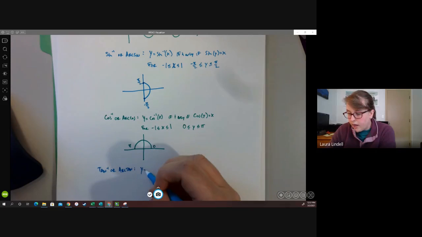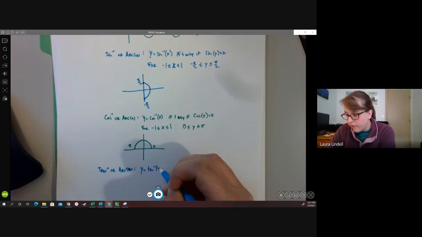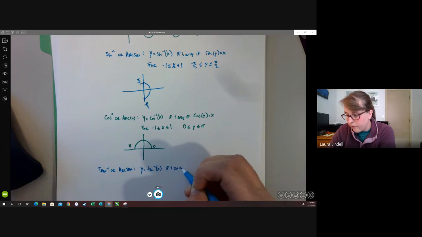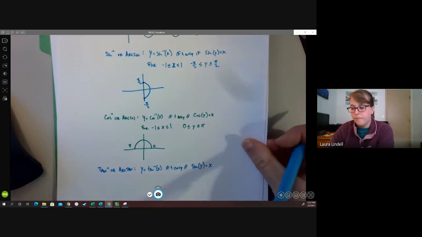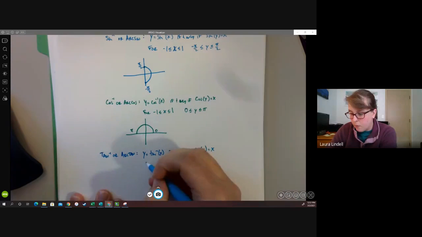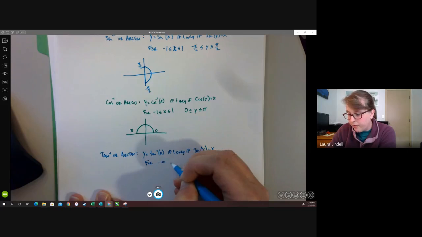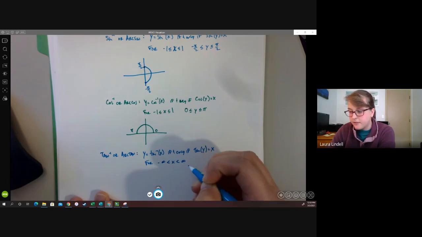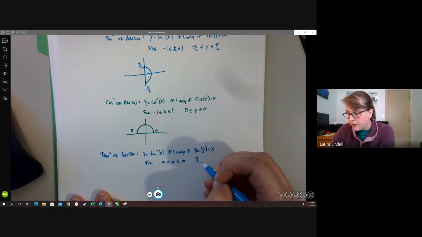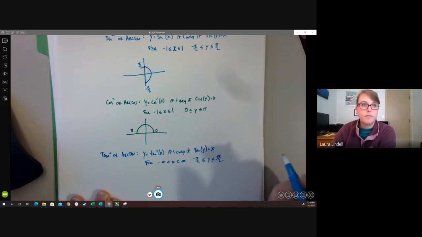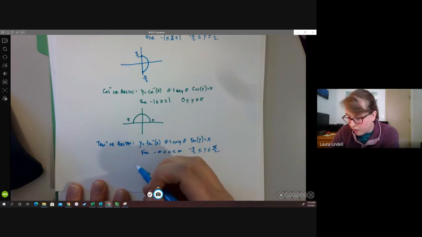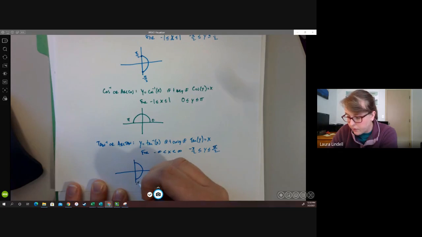So similar theme here, y equals tangent inverse of x if and only if tangent of y equals x, for negative infinity to positive infinity on the x values and negative pi over 2 to positive pi over 2 on the y values, which also, just like sine, actually represents the tangent values on the right half of the unit circle.